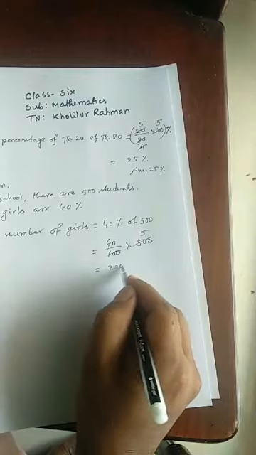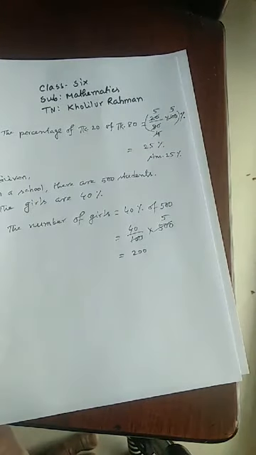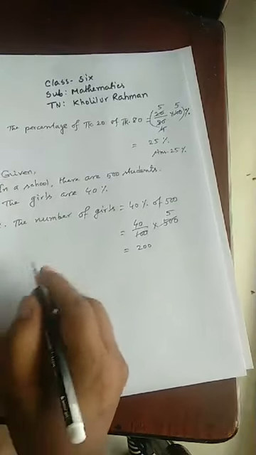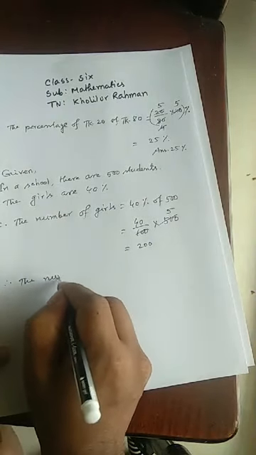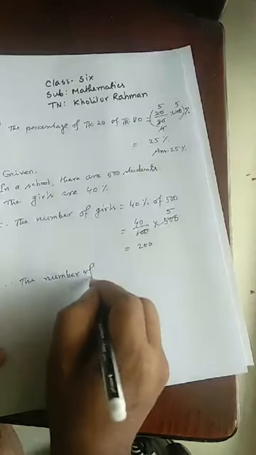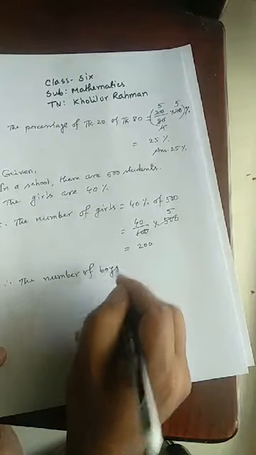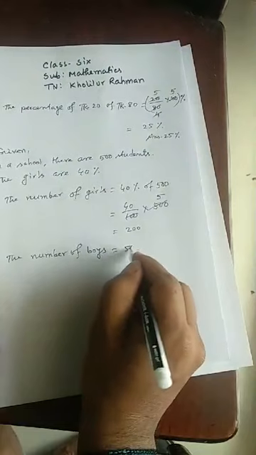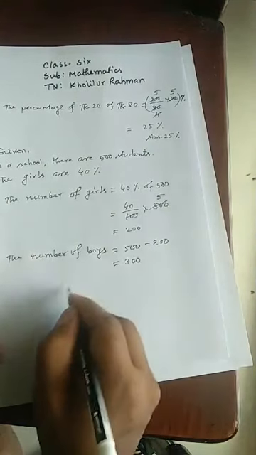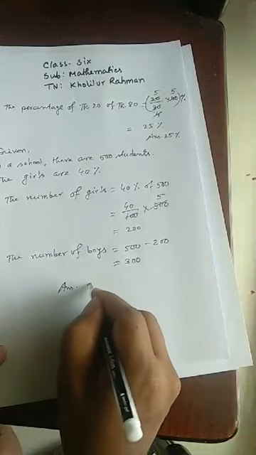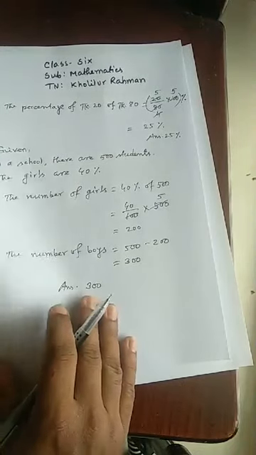That means 200 girl students. So the number of boys will be what? 500 minus 200. Very easy. So the number of boys equals 500 minus 200 equals 300. Answer: 300 boys.